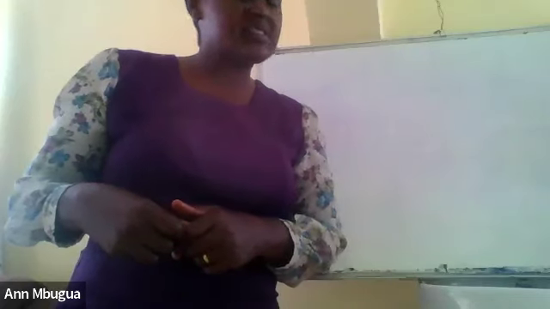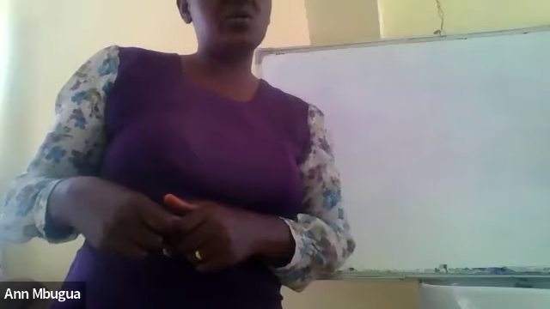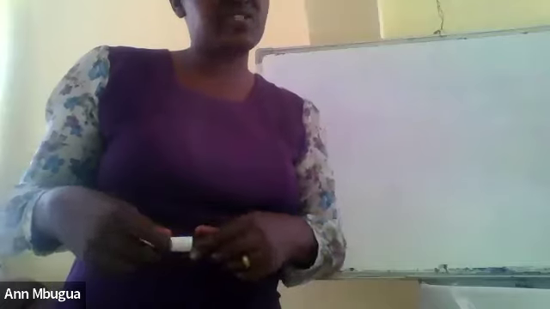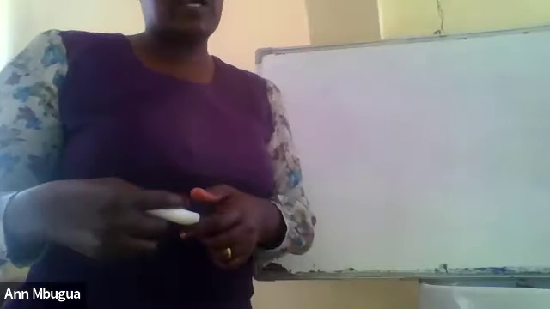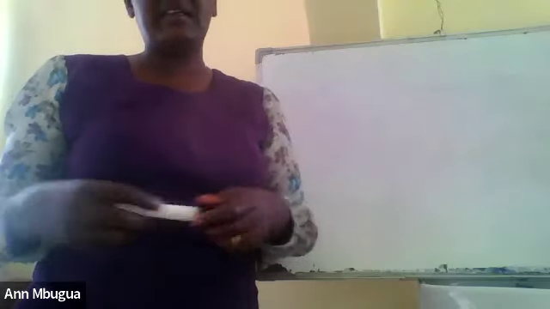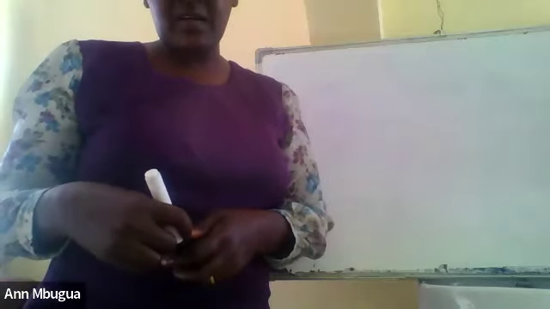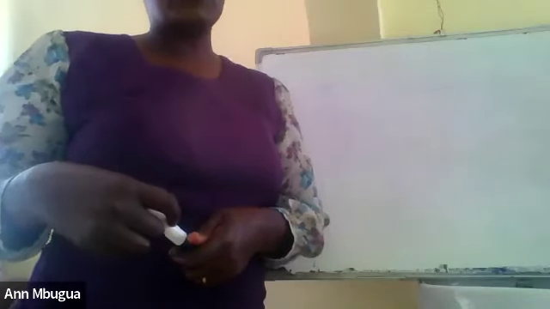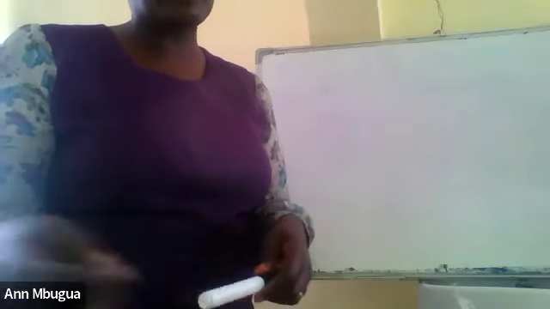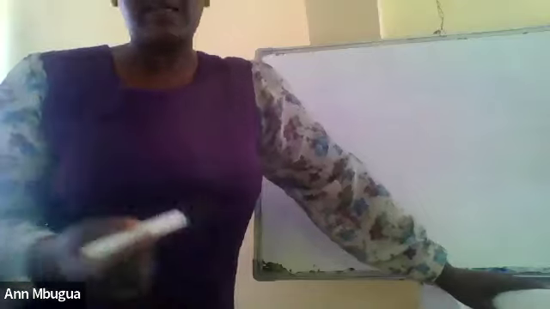However, we said there are some carbonates whose reaction will not go on to completion. And we gave examples of such reactions. We gave an example of lead-2 carbonate with sulfuric 6 acid, calcium carbonate with sulfuric 6 acid, which results in the insoluble salts, lead-2 sulfate and calcium sulfate, respectively, which are not soluble in water.